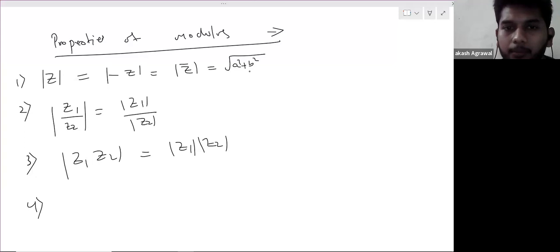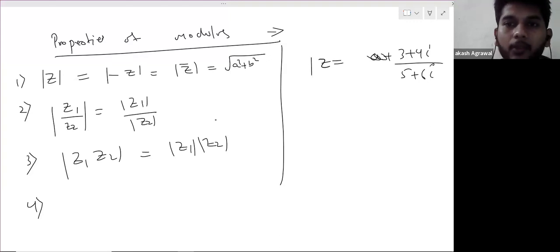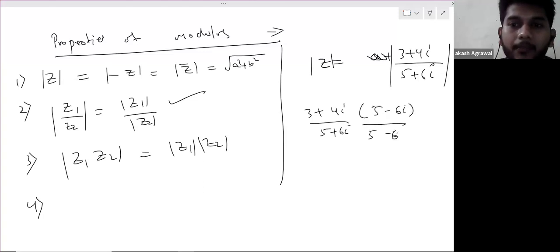One property I already told you. What is the difference? Suppose you have a question like this: Z equals 3 plus 4i upon 5 plus 6i, and they are asking you to find mod Z. If you do not use this property, you have to simplify, because you do not know the property.